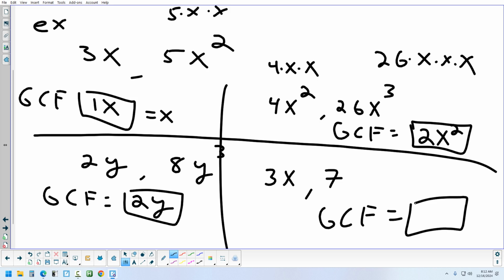Yeah, just 1. Look at the biggest number that goes into 3 and 7. It's just a 1. And then how many x's do they both have in common? None. So x is not part of the GCF. So that's how you find the GCF. There's a whole IXL just on that one. That's pretty quick.